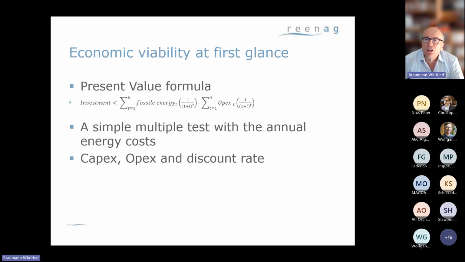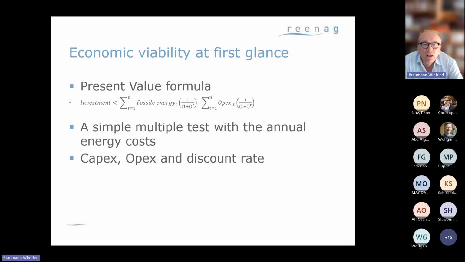This positive present value is calculated by the present value formula shown here. It seems complicated, but it opens a very simple way to estimate the economic viability of projects in which fossil energy is to be replaced by renewable energy, for which only the annual energy costs are needed.